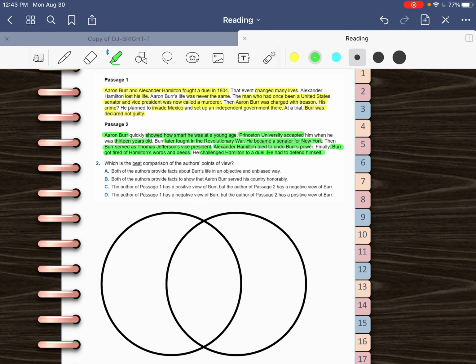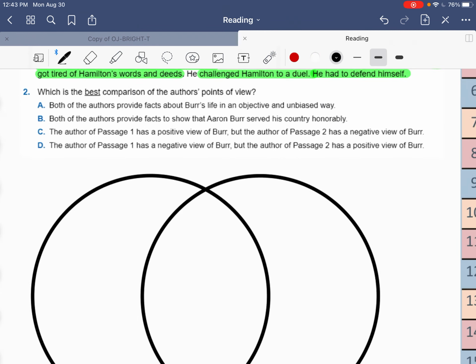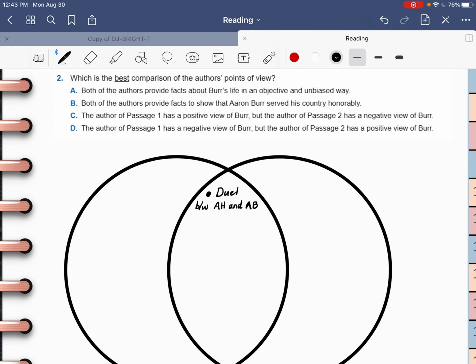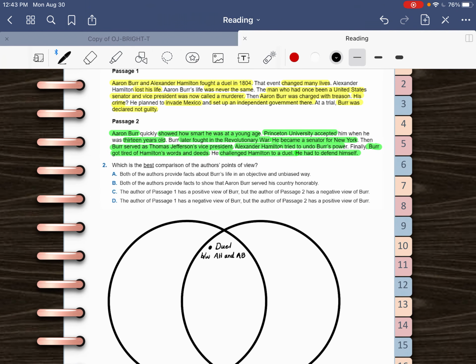So this is describing, at least in part, the same event. There was a duel between Hamilton and Burr. That is specifically pointed out in both passages.